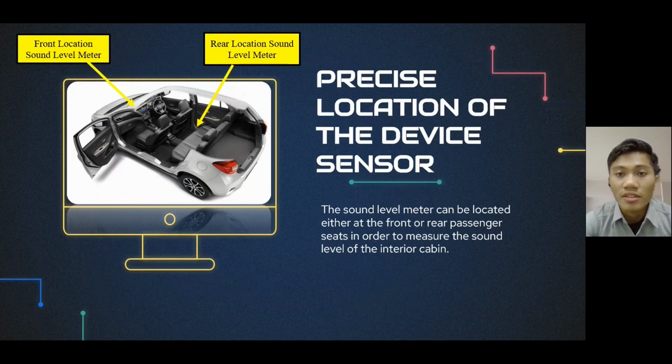The sound level meter can be located either at the front or rear passenger seats in order to measure the sound level of the car interior. From the figure above, we can see there are two locations where the device can be put, either at the front or at the rear seat.